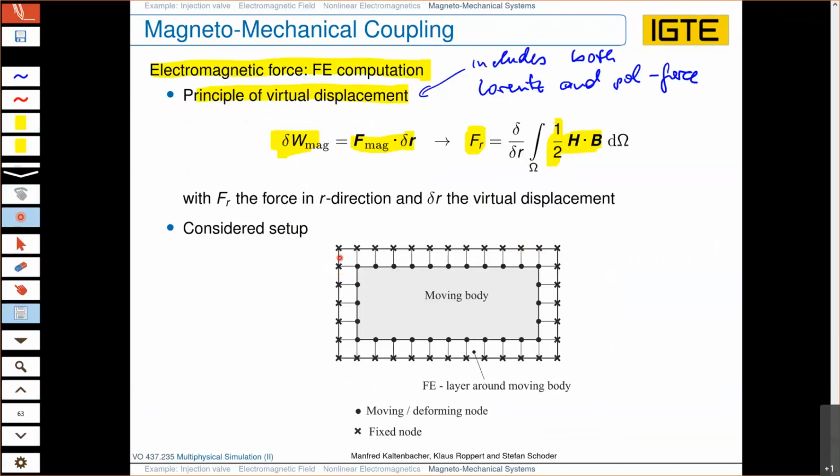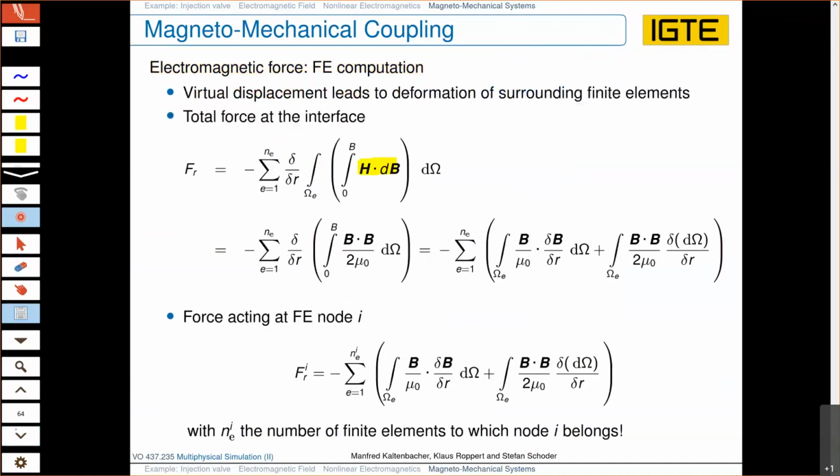So we simply get this relation. We can use that B is equal to mu 0 H. That is why we get the first term, which is B squared over 2 times mu 0.